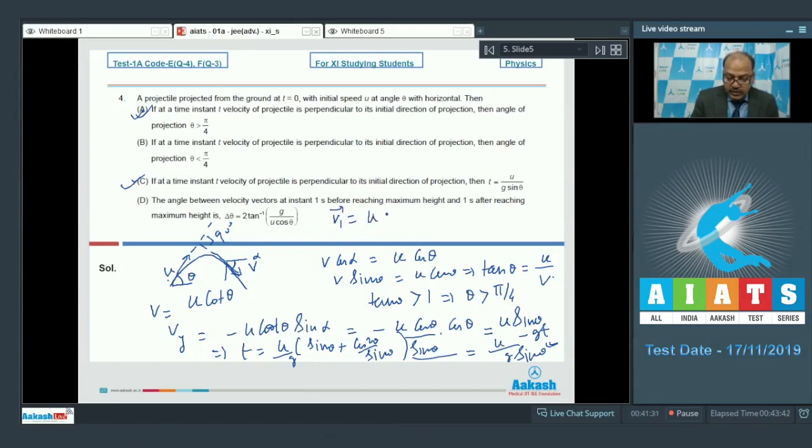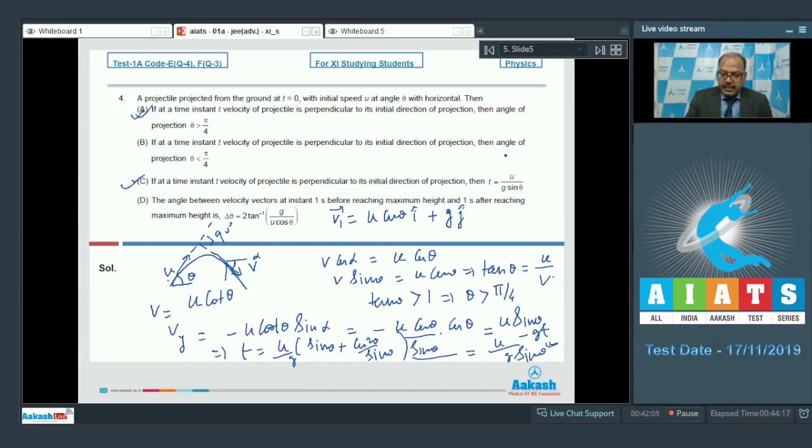It is u cos theta I cap. The horizontal component does not change, and the vertical component will be numerically, because Vy is going to be 0 after 1 second, right?